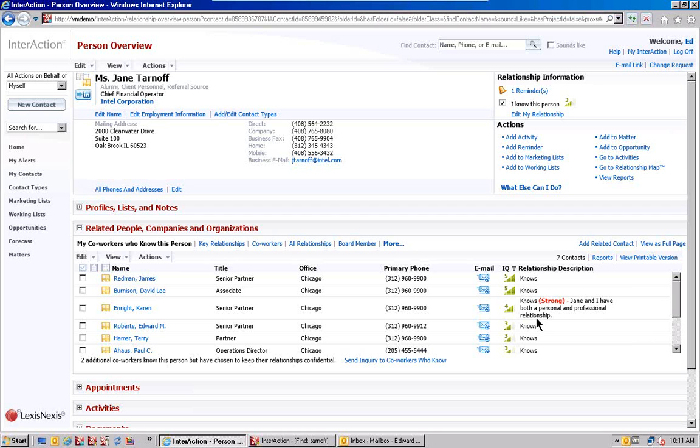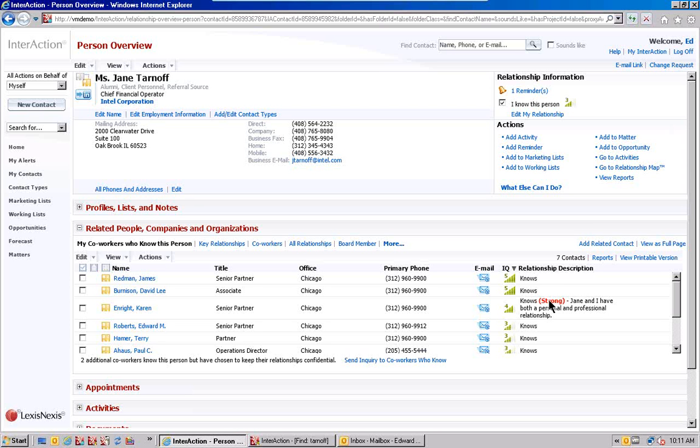However, in the who knows whom, I may mark it as strong, he's my relative, use me. So again, I'm just pointing out how the two interact with each other and how it can provide the end user a true picture of who that contact is to the firm.